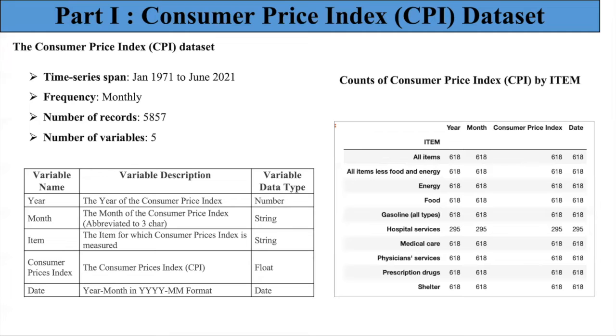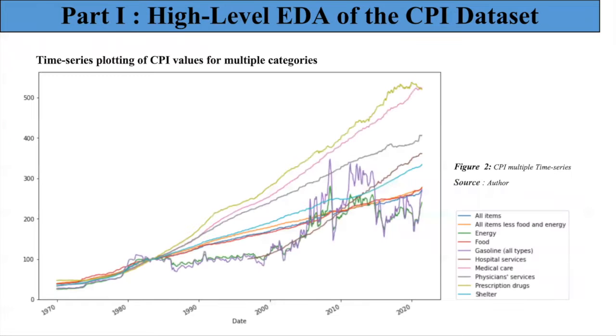On the right hand side, we see that there are almost 618 months of data for all the different categories. But in our data set, we'll mainly use the gasoline later on in part four and five. So that's all about consumer price index data.